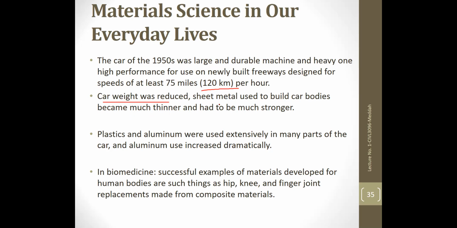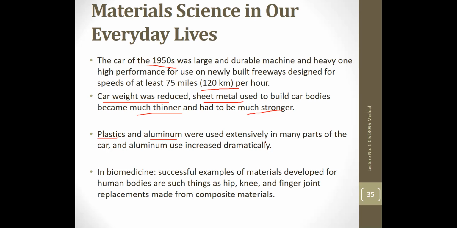Also the sheet metal used for building the body of the car is now thinner than it was in the 1950s and before or after, where this sheet was much thicker, but of course much stronger. Now in the car you can find many plastics.